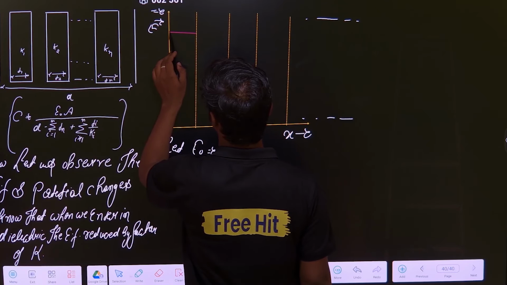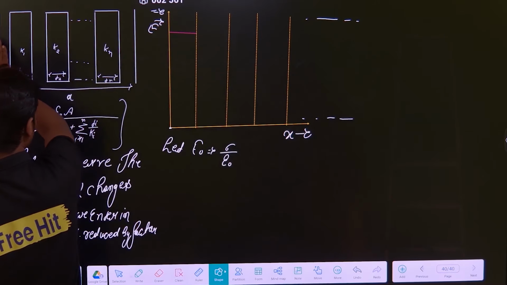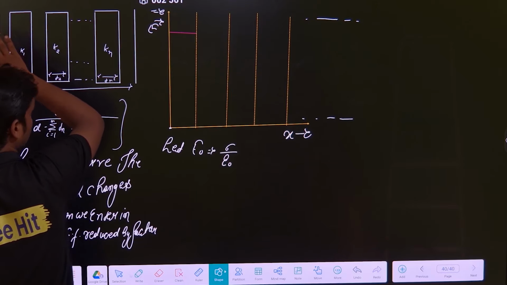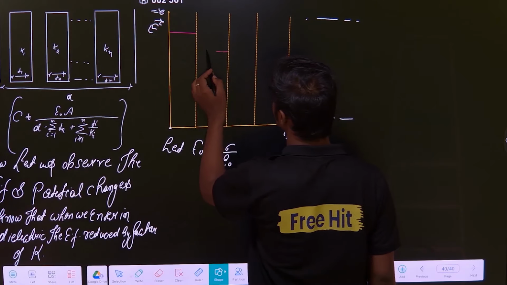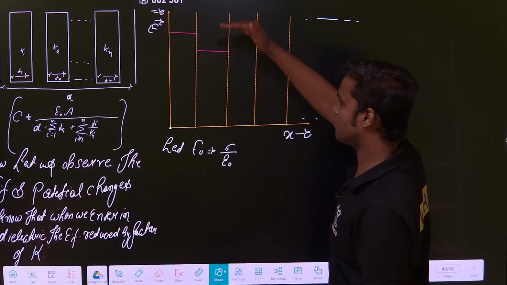I will get E naught, that is sigma by epsilon naught, in this region. Now as I come inside this dielectric, it is going to be reduced by a factor of K1. So my electric field is now reduced, like this, by a factor K1.